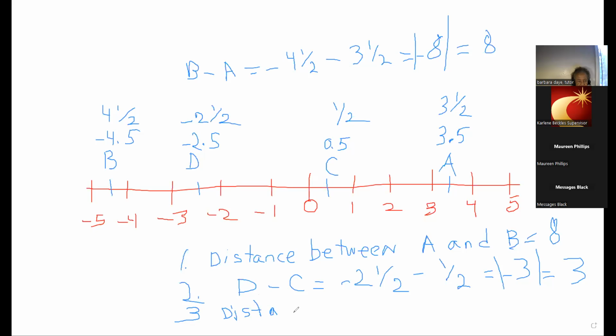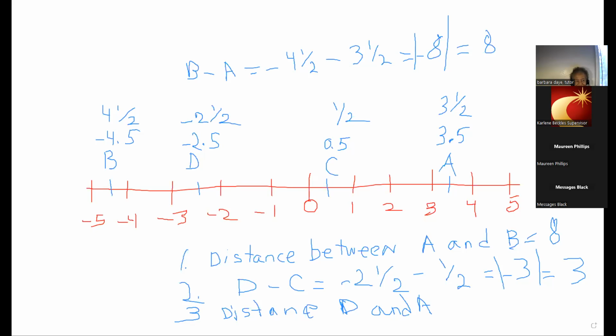This is between D and A. And you've got the values of them, right? You got the value of D and you got the value of A. So what would you say? You should be able to just tell me that one right away.